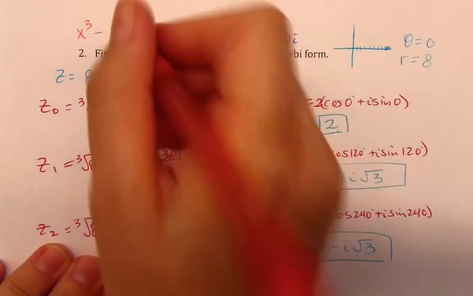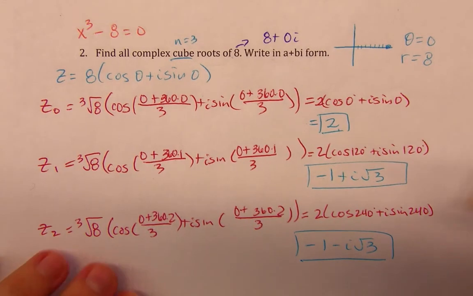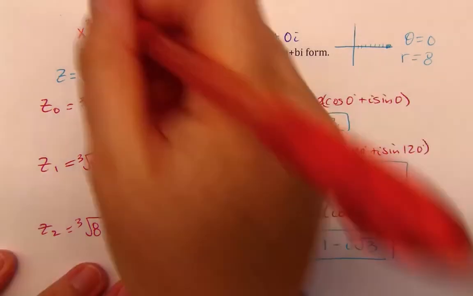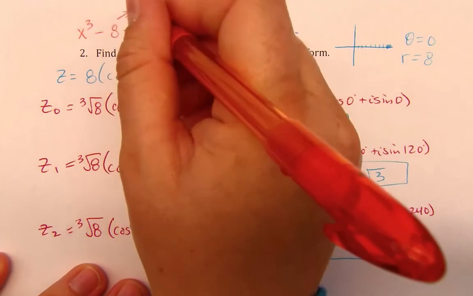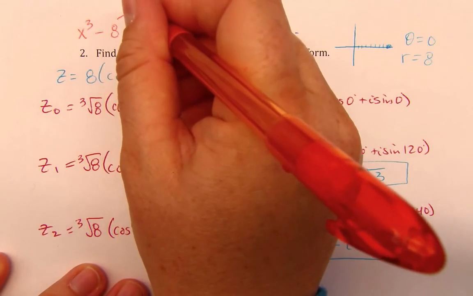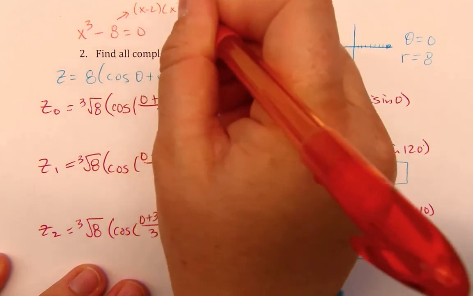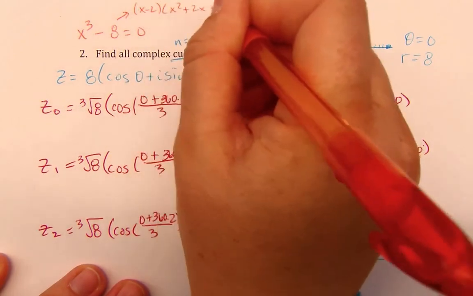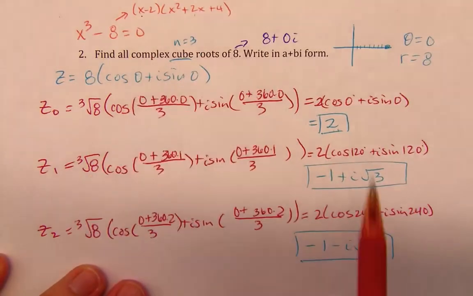So if you solved this equation, or you factored it, then these are all the answers that we would get. Okay. So if I factored this, we would have x minus 2, and then we'd have x squared plus 2x plus 4. And this is the root from that, and these are the roots from that.